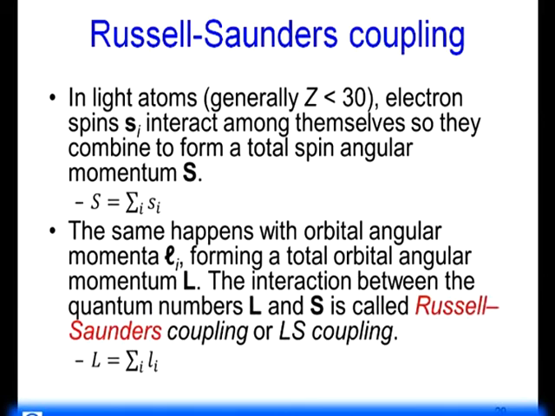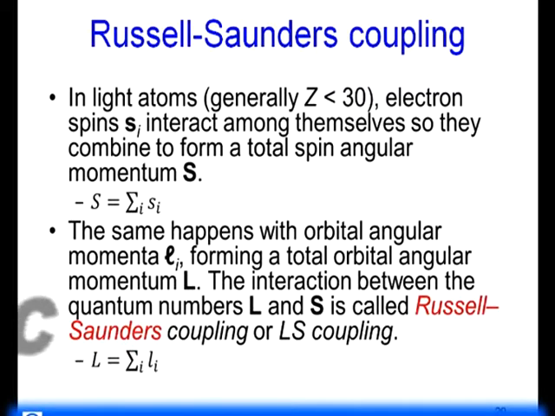So how you get the capital S quantum number is that you add up the spins of all the electrons which are there, and you get the total spin angular momentum quantum number, which is called S, and this is given by the summation of the si values. All the electrons are coupling together and adding up their spins, and this is how we get it. The same thing happens in the case of orbital angular momentum.